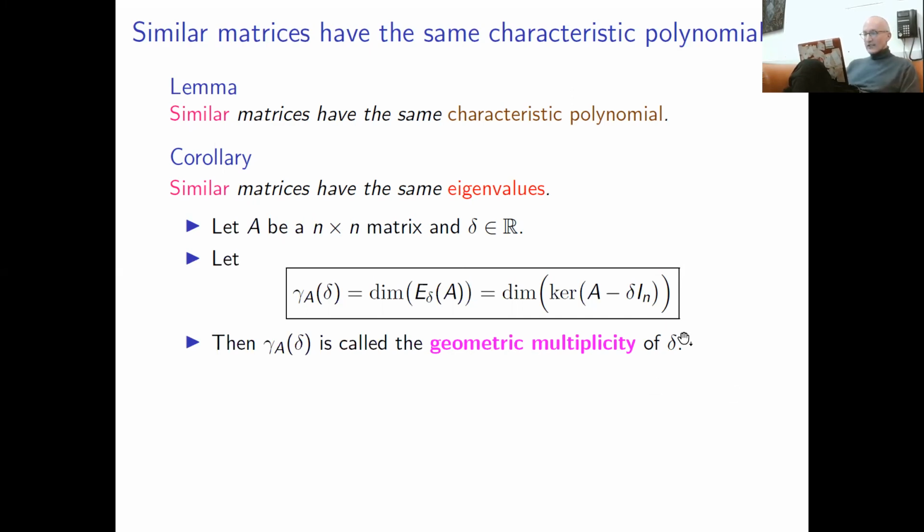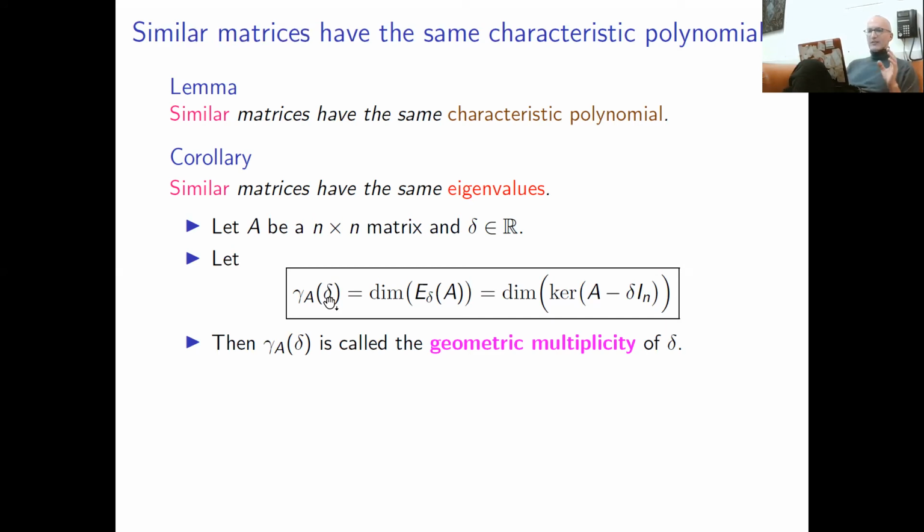So how do you find the delta eigenspace? You just take the kernel of the matrix A minus delta I. It's a vector subspace of Rn, so it has a dimension. You take its dimension, and by definition, this is the geometric multiplicity. In order not to say geometric multiplicity so often, and to use it later in formulas, I decided to denote it by gamma A of delta in this lecture.